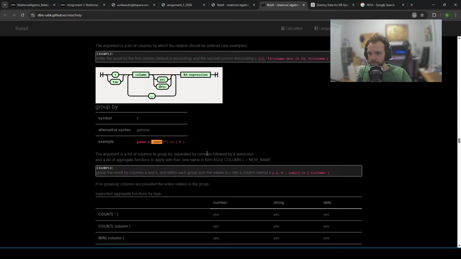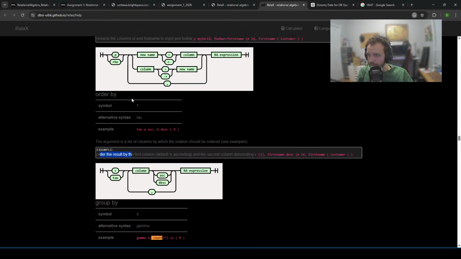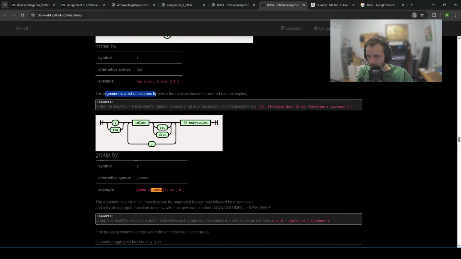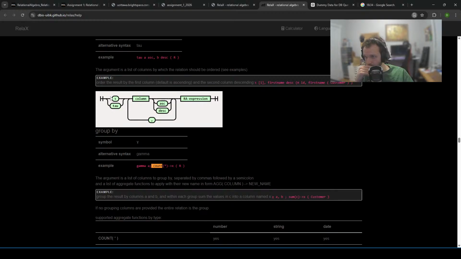I wish there were more examples here because this does not make sense. Order by, this is group by. An argument is a list of columns by which the relation should be ordered. So it's going to be tau, column, RA expression, ascending, descending.